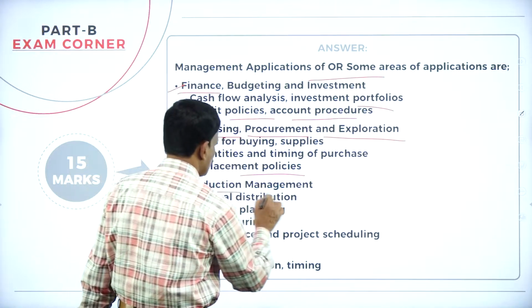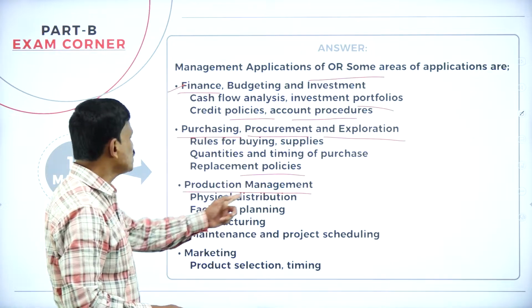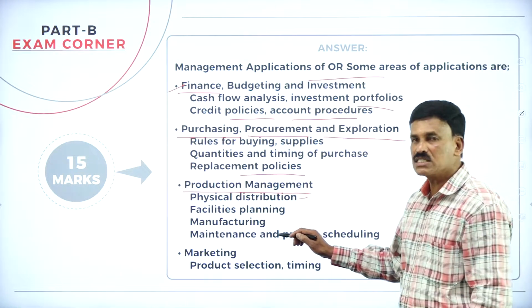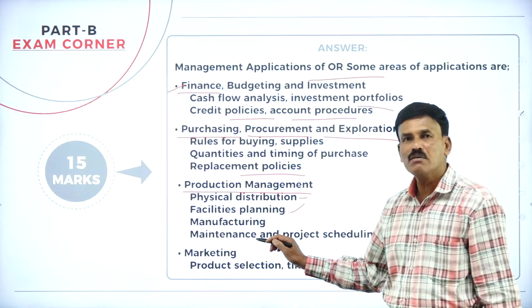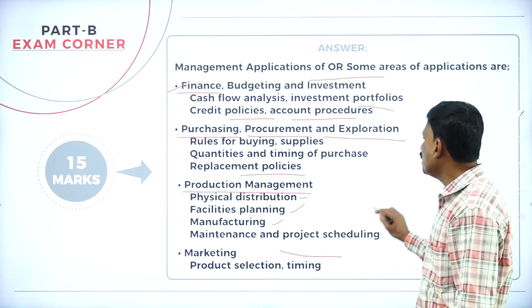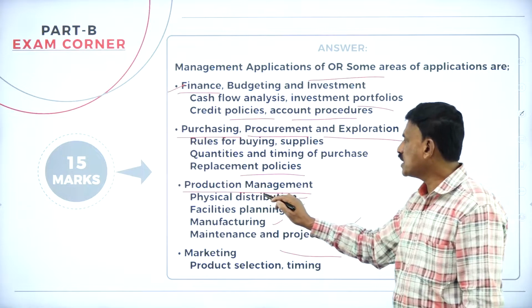Production management. In production management, like physical distribution and facilities planning, manufacturing and also maintenance and project scheduling can be done with the help of this OR. This is very important. That is production management.